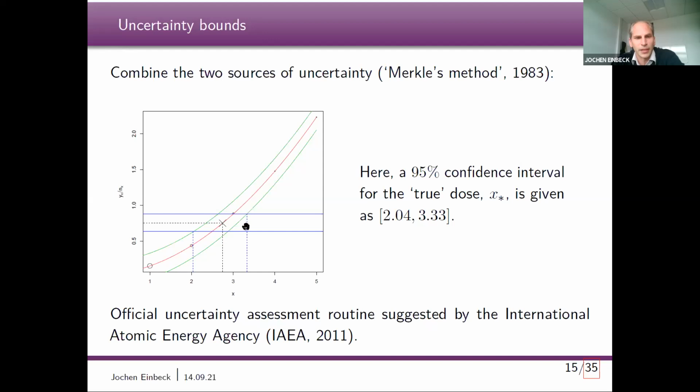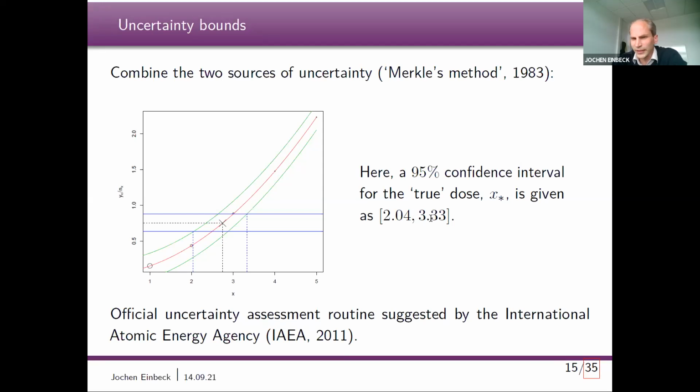So it maximizes the uncertainty on both levels. Then we project these down onto the horizontal line. We see then that in this case, a 95% confidence interval would be given by 2.04 to 3.33.